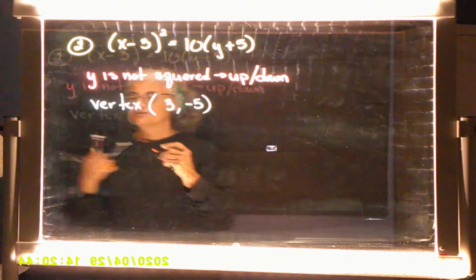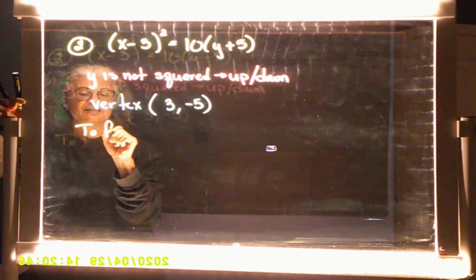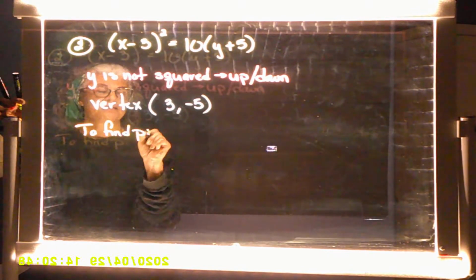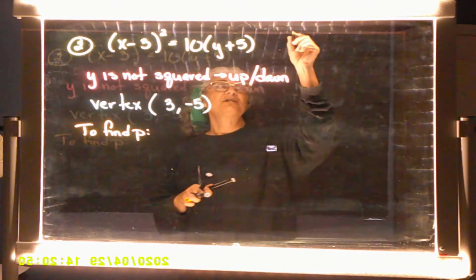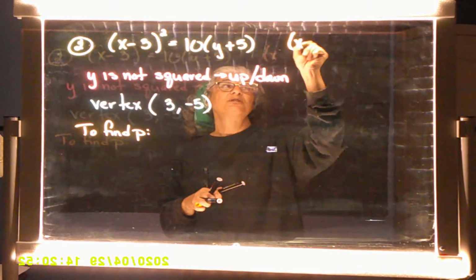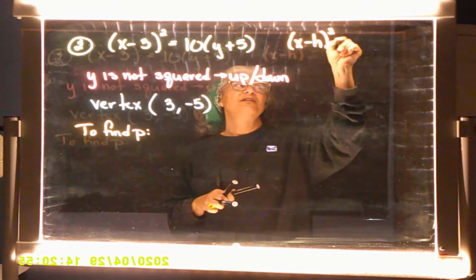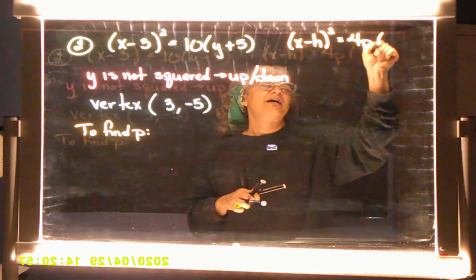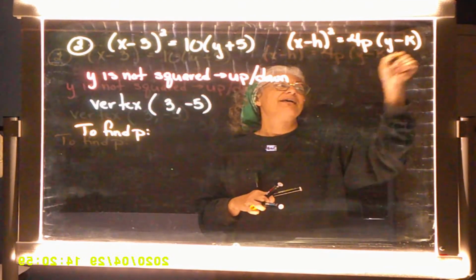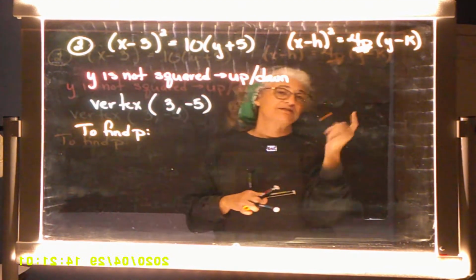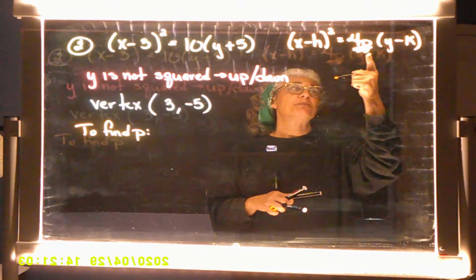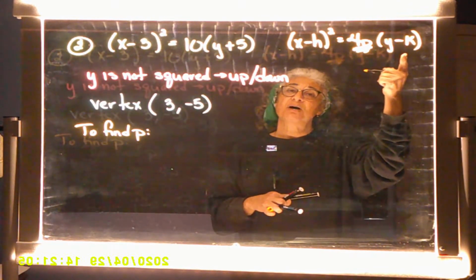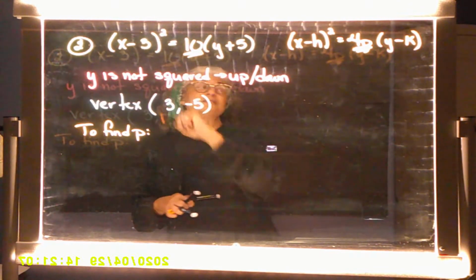Okay, so to find P, remember, the standard form of this one was x minus h squared equals 4p, and the parentheses of y minus k. Do you notice it's basically the same as the last problem? 4p is in front of that parenthesis of y. Well, look what's in front of my parenthesis.